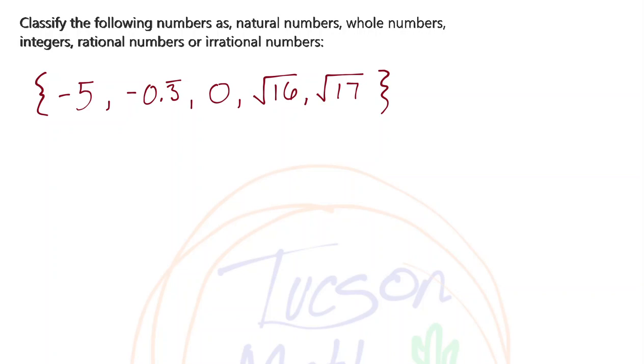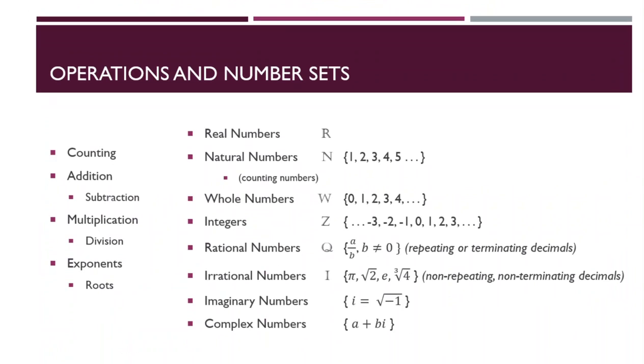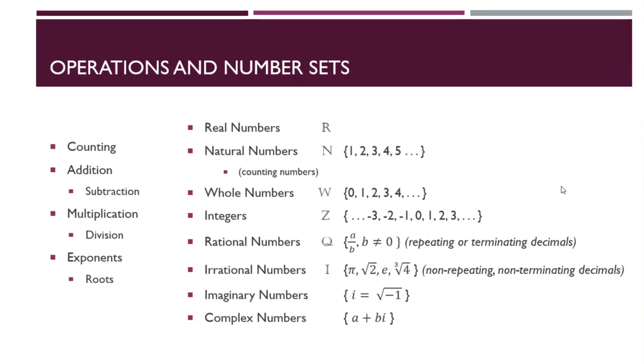Today we're going to classify numbers, and we're only going to classify numbers as natural numbers, whole numbers, integers, rational numbers, or irrational numbers. I want to show you the little cheat sheet I have here for all the different sets of numbers. And we're only talking about these first 5, natural numbers through irrational numbers.